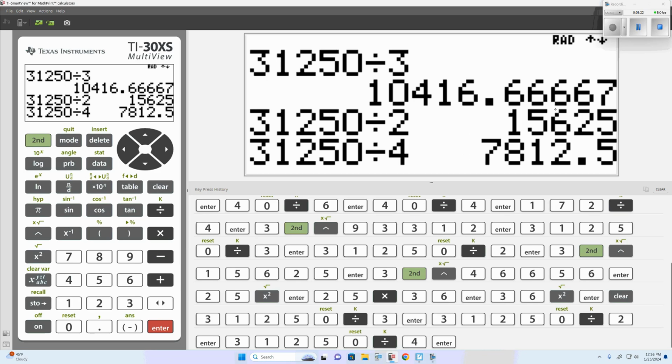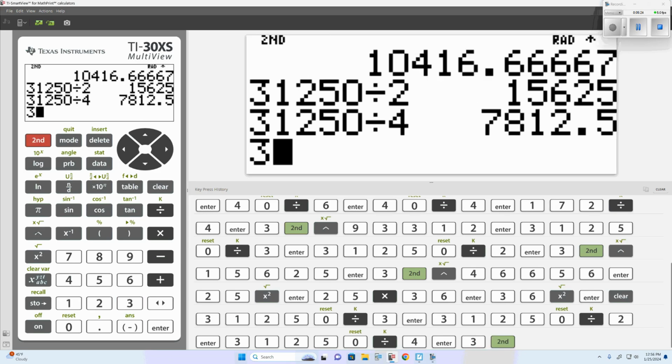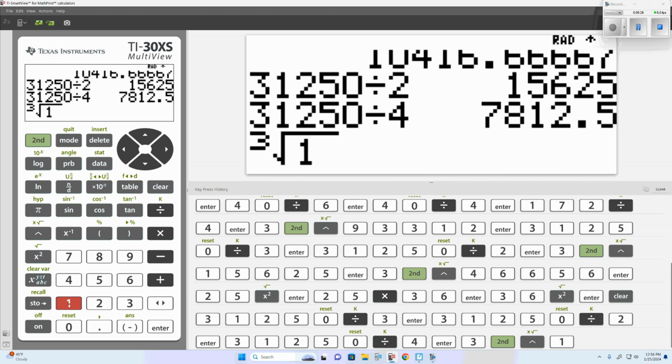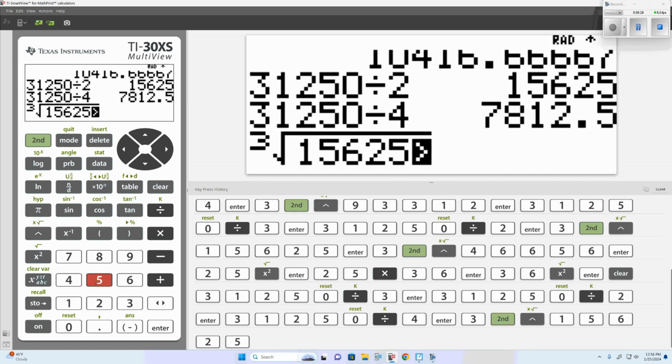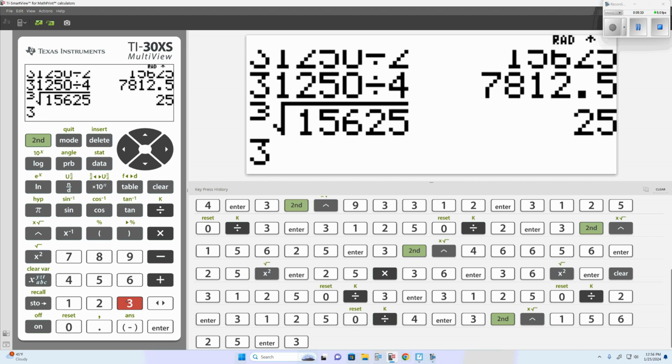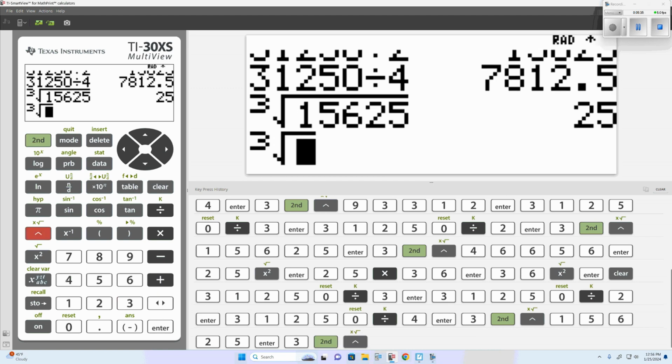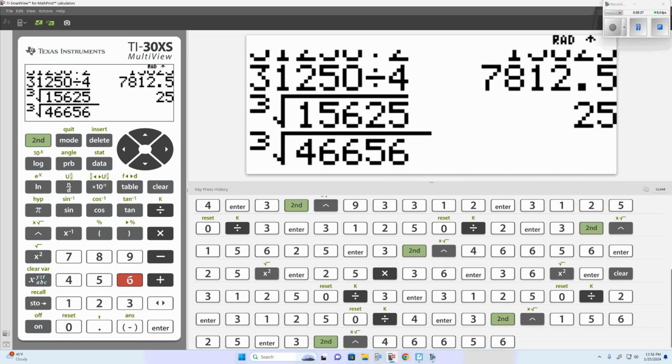Now we can see if we can take the cube root of our new number, 15,625, which is 25. We can also take the cube root of our 46,656, which is 36.